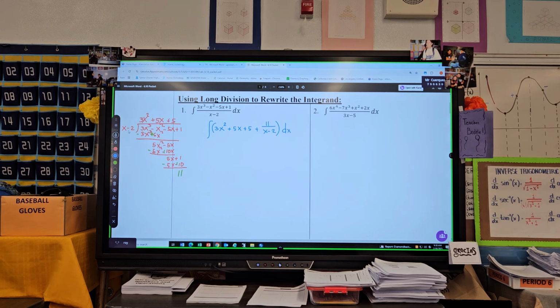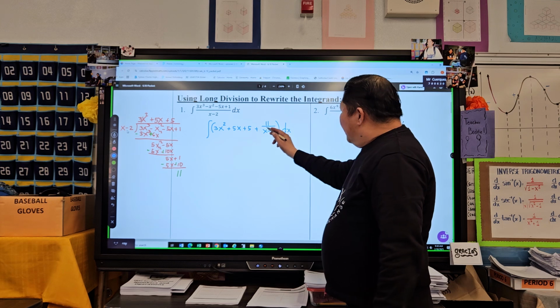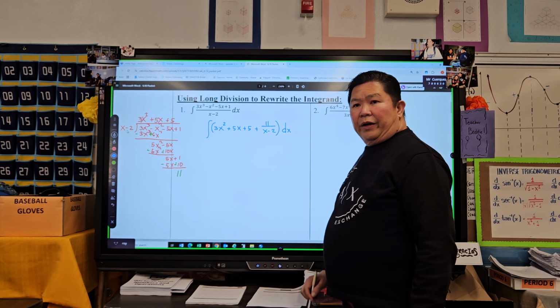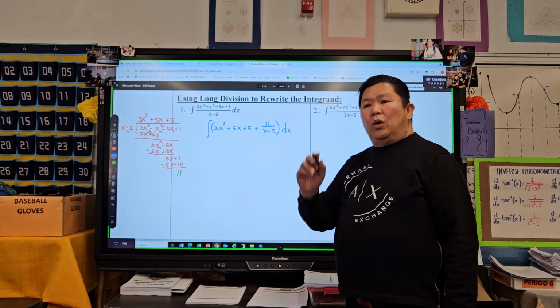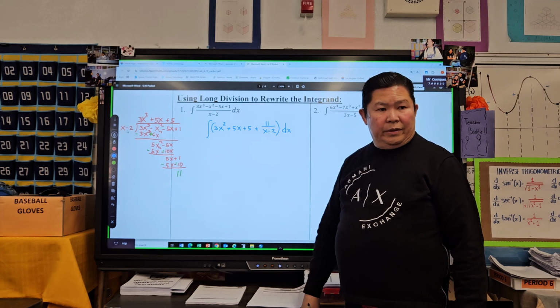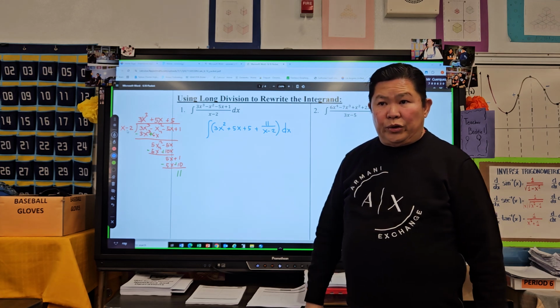So, what we do now, can we now integrate? Oh, that's simple. What we do in here is we can rewrite this 11 over x minus 2 into 1 over x minus 2 times 11, or 11 times 1 over x minus 2.